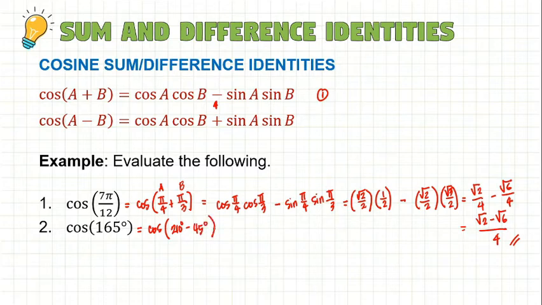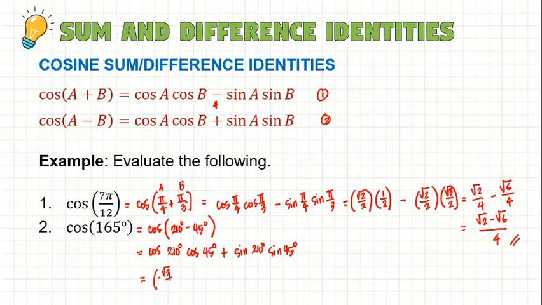Now, using the formula, since we have minus, we will use the second formula. So we will have cosine of A, which is 210 degrees, cosine of B, which is 45 degrees, plus sine of A, which is 210 degrees, sine of B, which is 45 degrees. So from that, cosine of 210 degrees is just negative square root of 3 over 2, and cosine of 45 degrees is just square root of 2 over 2.